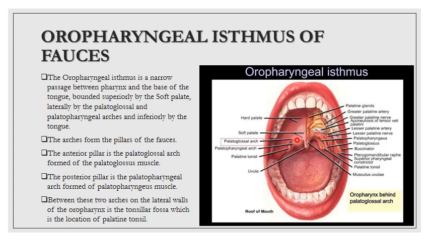The anterior pillar is the palatoglossal arch, which is formed by the palatoglossus muscle, and the posterior pillar is formed by the palatopharyngeus muscle and is called the palatopharyngeal arch. Between these two arches is the tonsillar fossa, present on the lateral wall of the oropharynx, which bears the palatine tonsil.